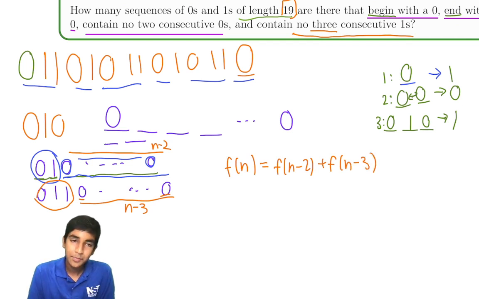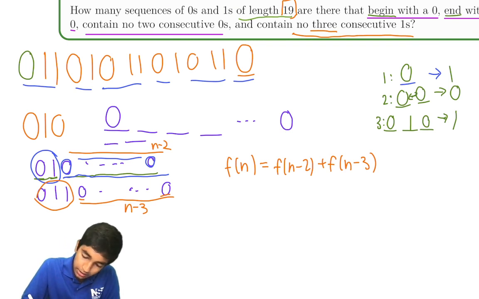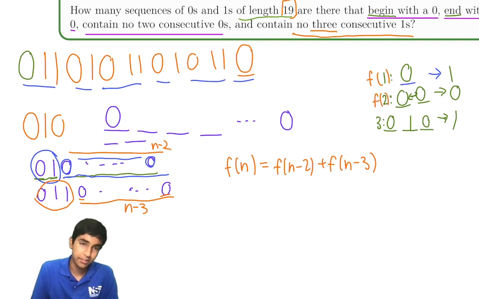Okay, so now we have our base cases. Let's just say f of 1 is 1, f of 2 is 0, f of 3 is 1. Let's try to find f of 4.